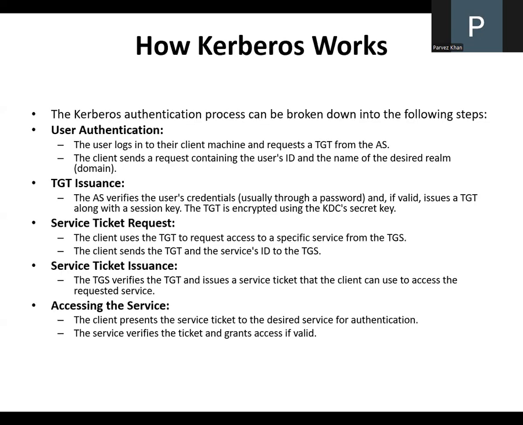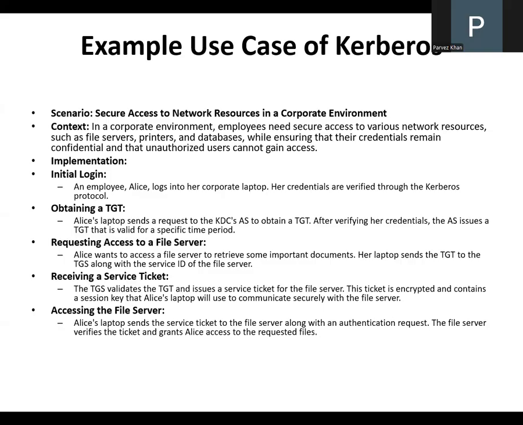So how Kerberos works, this is already discussed, and now a use case. In this use case, a user, Alice's laptop sends a request to the KDC AS to obtain a TGT after verification of her office credentials. Then the AS issues a TGT that is valid for a specific time period. Then Alice wants to access the file server to retrieve some data from her laptop.